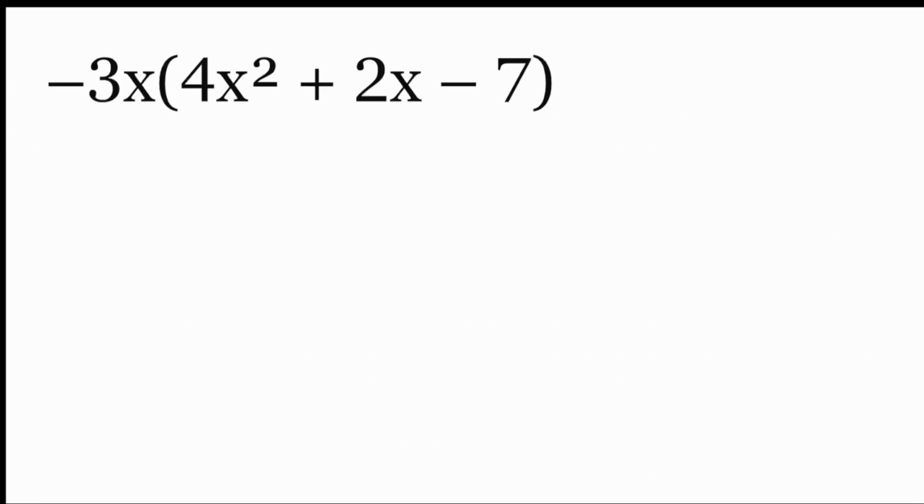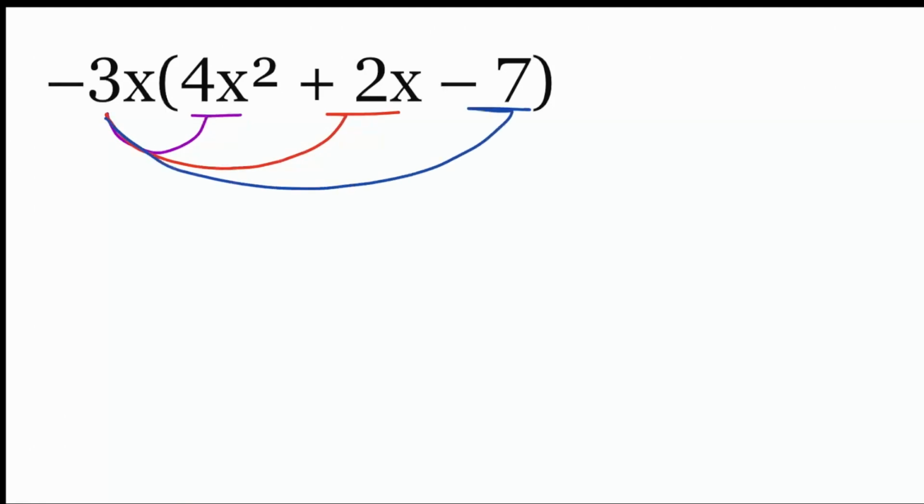We have the negative 3x multiplied with 4x squared. We have the negative 3x multiplied with the positive 2x. And then we have the negative 3x multiplied with the negative 7. That's how distribution works. Again, make sure that everything from one side of the parentheses multiplies with everything from the other. So here we go.